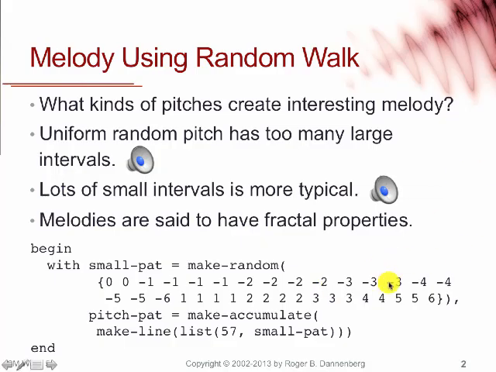Larger intervals of a minor third, major third become diminishingly small, nothing larger than a tritone going down. And similarly, we have a balance of upward intervals with very few large ones. Then we're using make accumulate to sum up these intervals, starting at 57, and this generates the example you just heard.